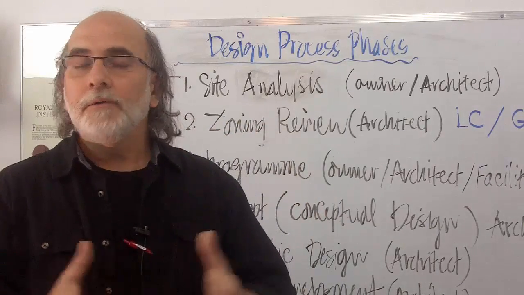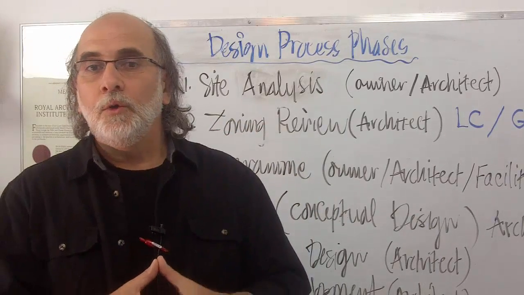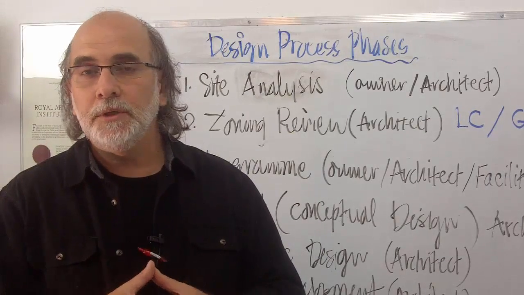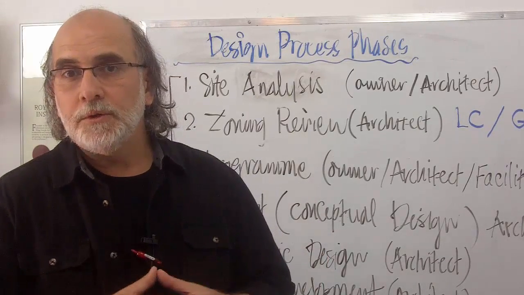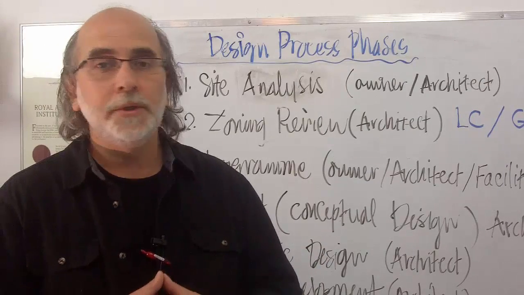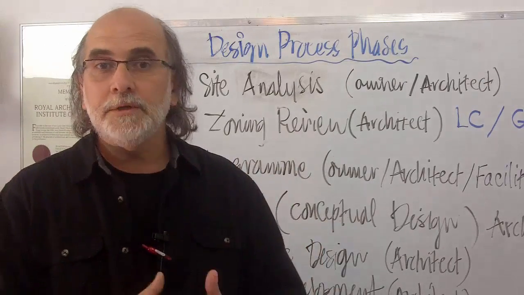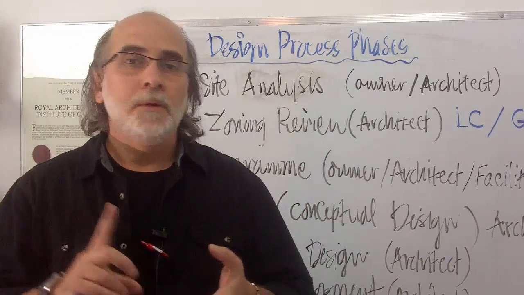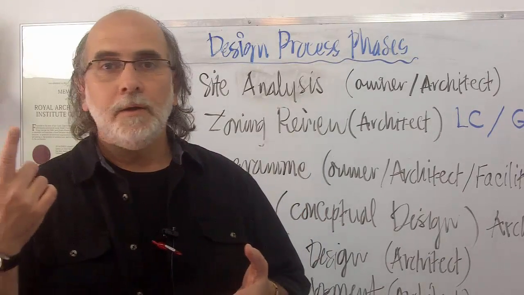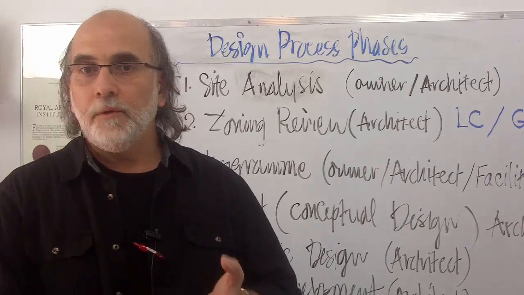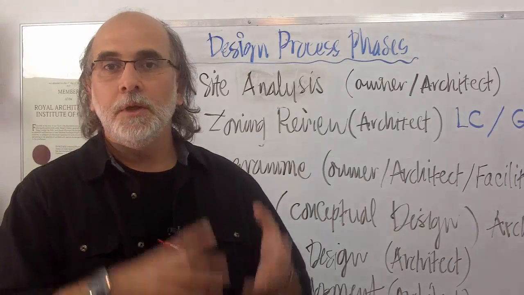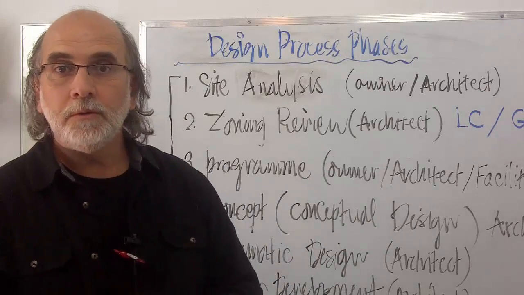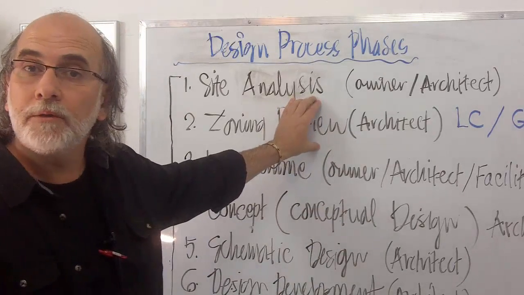And there are other criteria that have to do with fire escapes, if you have a fire escape on the side of the building in case of a multi-story residential or commercial building and so on and so forth. All of these criteria, in addition to the soft landscape, hard landscape, car parking, and all the rest of it that we just mentioned, have to do with the zoning review. It is crucial that we do our homework at this stage.